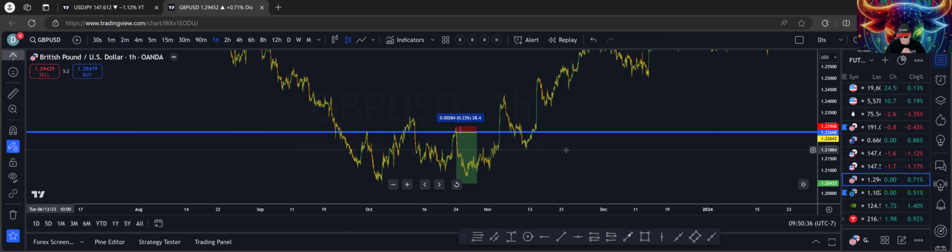If price went 284 pips against the majority of the traders, first of all, they would not be able to handle that because they didn't train to be able to stay in the market. They would have got out early and then told you that they managed risk.